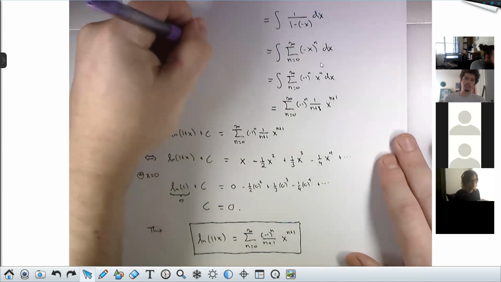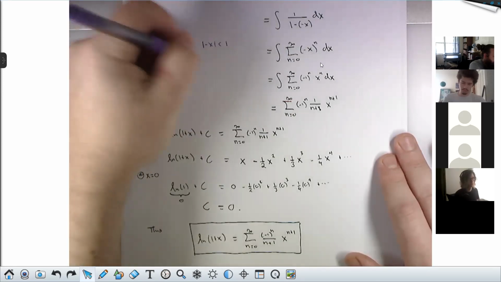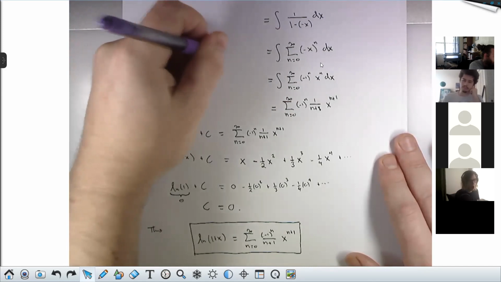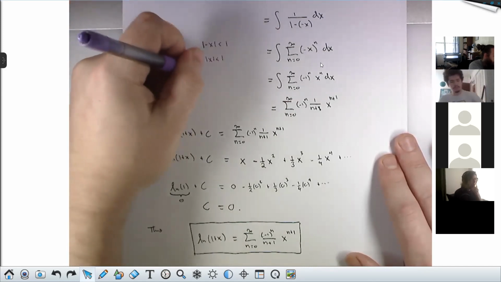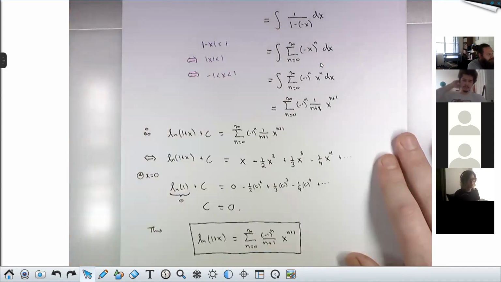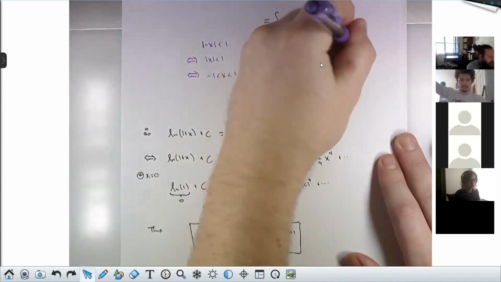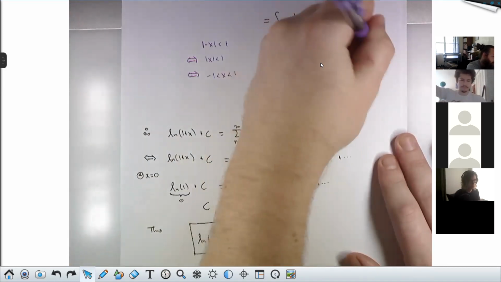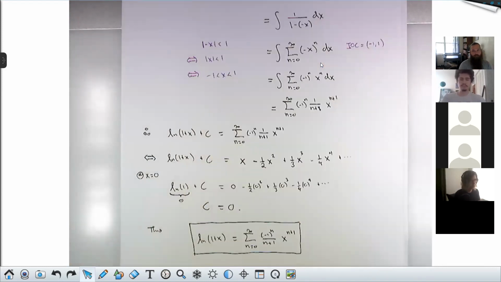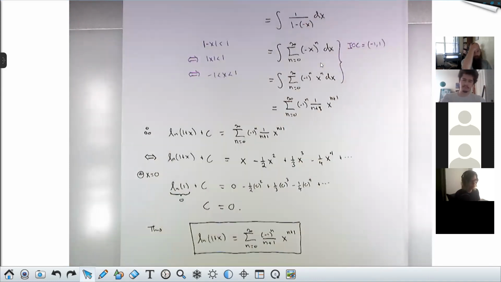This is equivalent to saying abs x is less than 1, which is equivalent to saying negative 1 is less than x is less than 1. So the IOC for the series that we integrate, not the final series, is the open interval from -1 to 1.